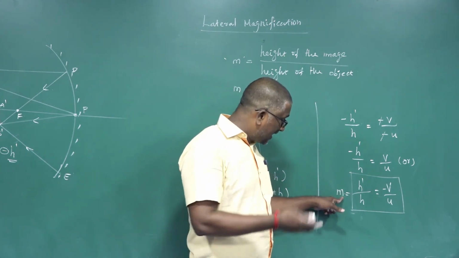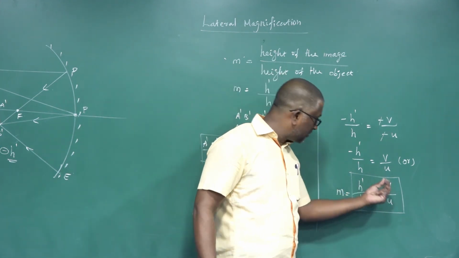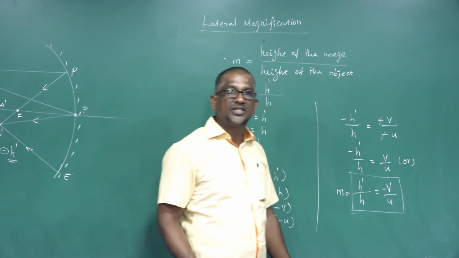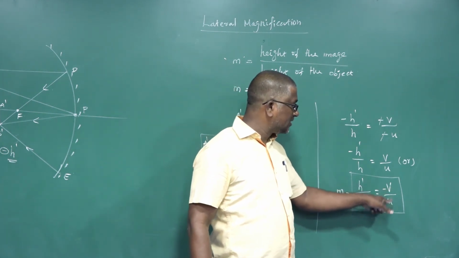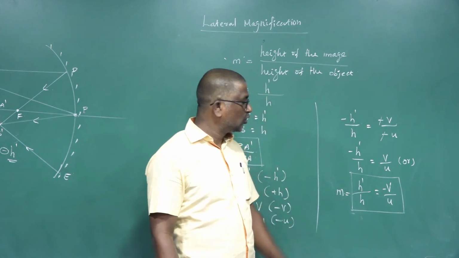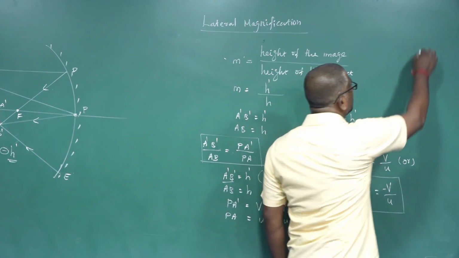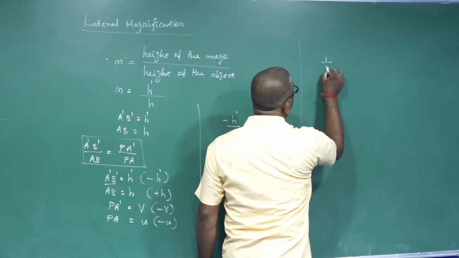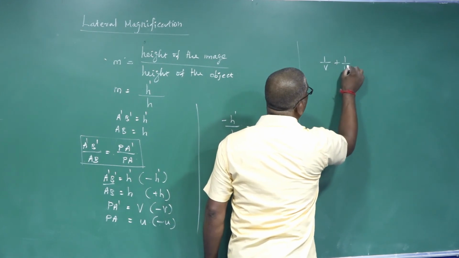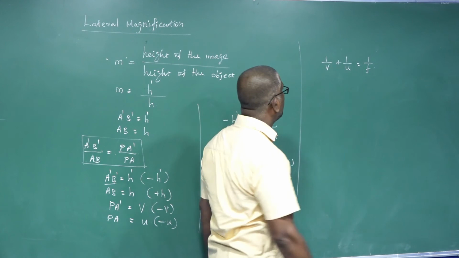Or the lateral magnification can also be calculated by measuring the image distance and the object distance. It is given by the relation m is equal to minus v divided by u. And we know that the mirror equation is 1 divided by v plus 1 divided by u is equal to 1 divided by f.